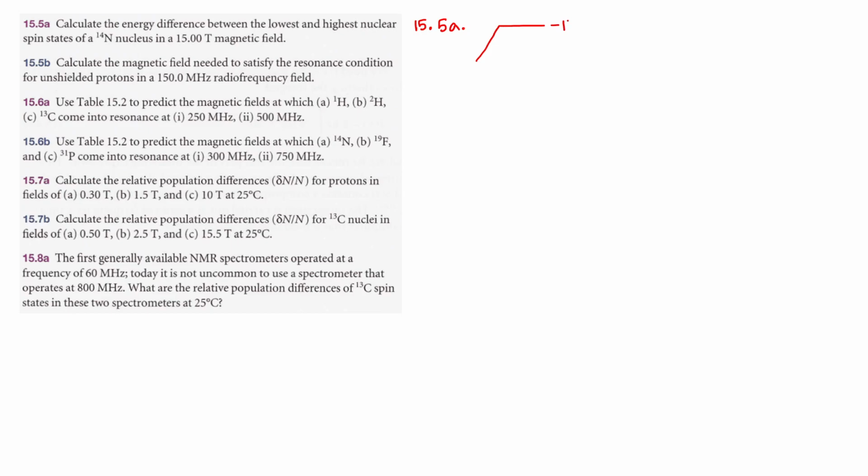When I say minus 1 spin, that is actually wrong. Your spin is 1, but mI has 3 different values: plus 1, 0, minus 1. So even if I say minus 1 spin, correct me, because I'm saying a wrong thing.